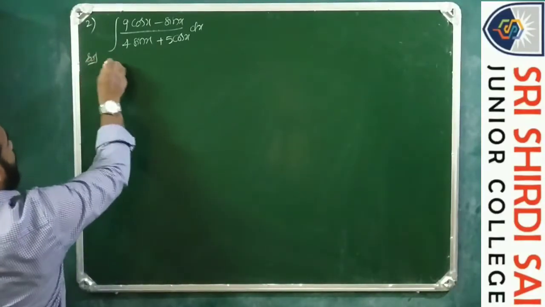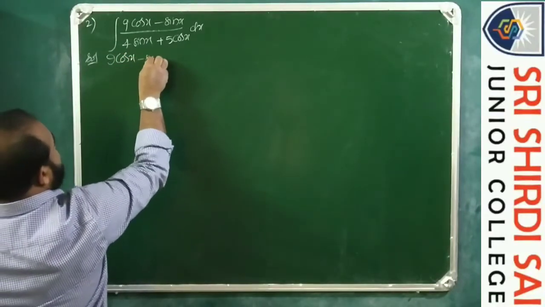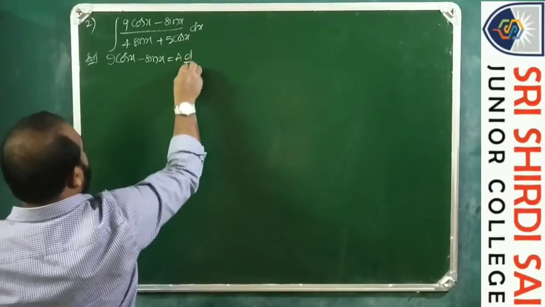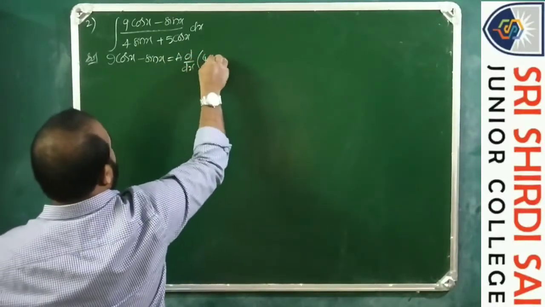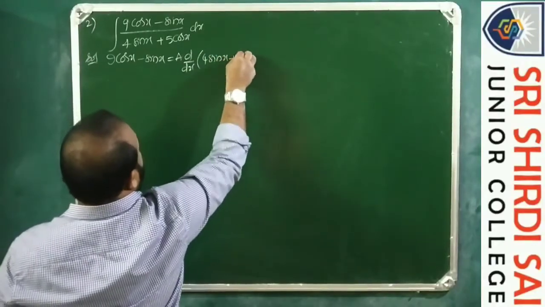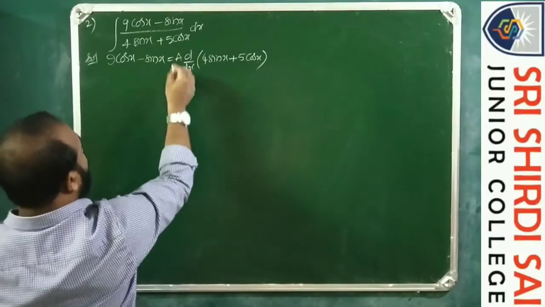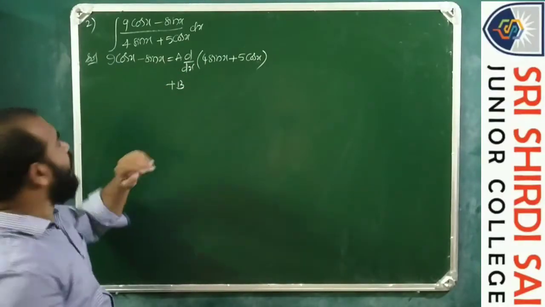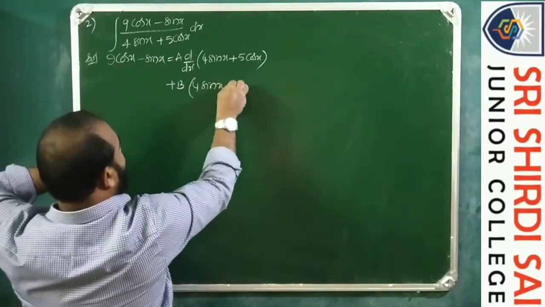So this is numerator 9 cos x minus sin x is equals to a into d by dx of denominator 4 sin x plus 5 cos x plus b into, so one with derivative, one without derivative, 4 sin x plus 5 cos x.